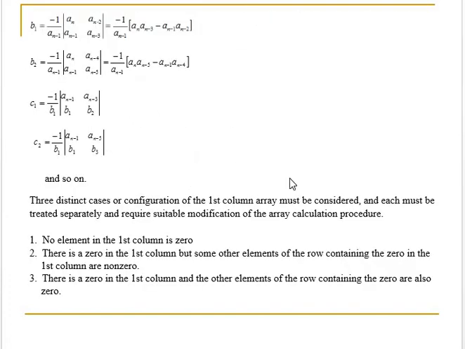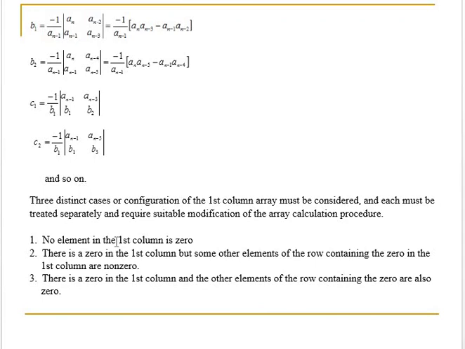For b1, the value is minus 1 over a_(n-1) times the matrix with a_n, a_(n-2) and a_(n-1), a_(n-3), and then we can get this. The same applies for b2, c1, c2, and so on until k1.